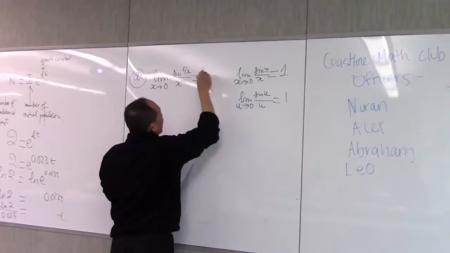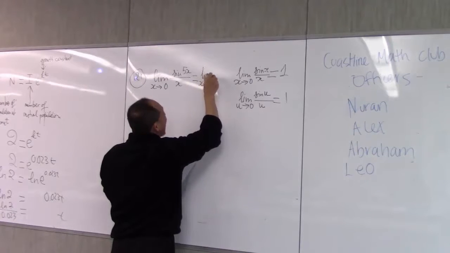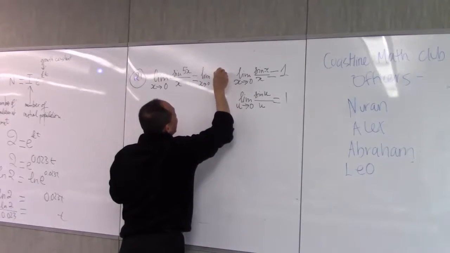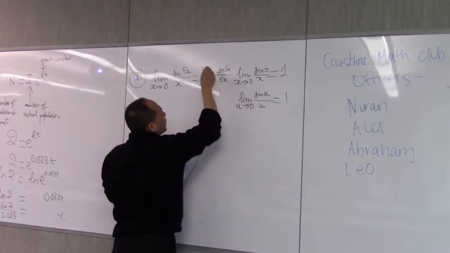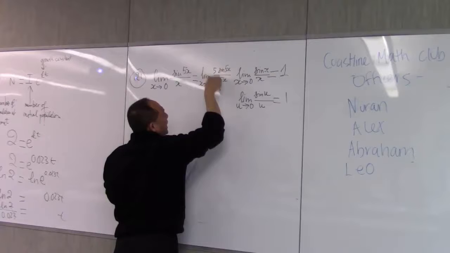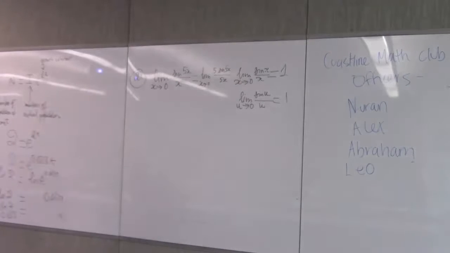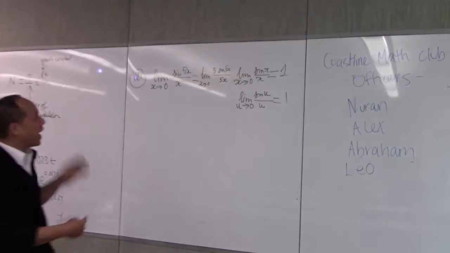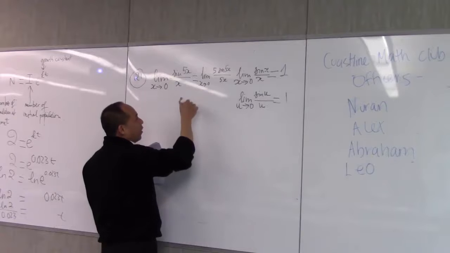You can write this as the limit as x approaches 0. Now look, you have sine of pi x over x. If you want pi x below, you need to multiply pi above and pi below. The interesting thing is that as x approaches 0, pi x also approaches 0.